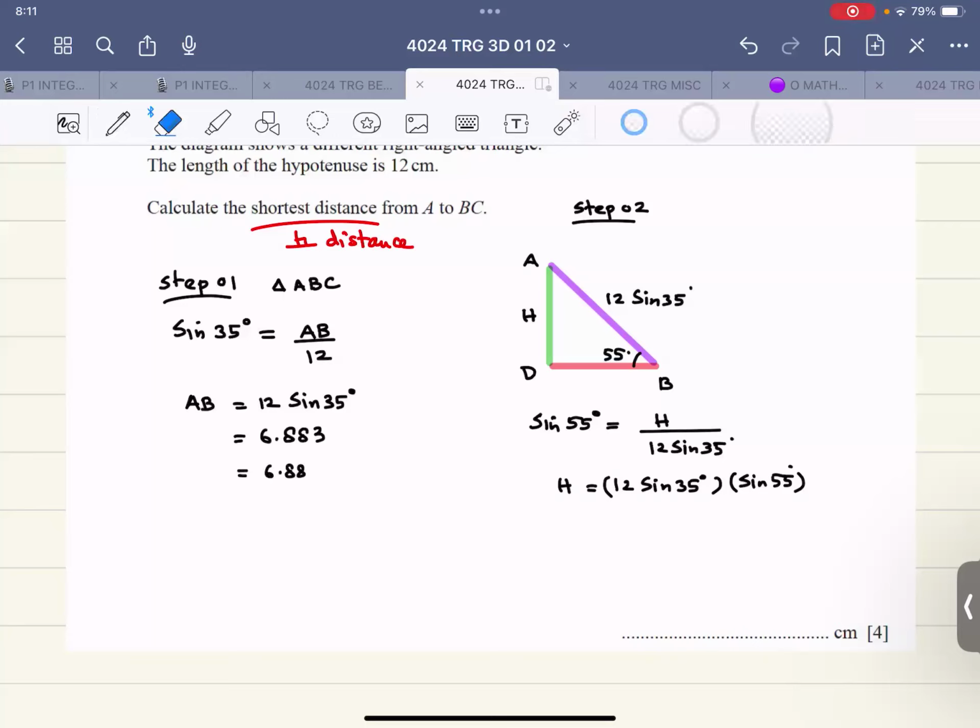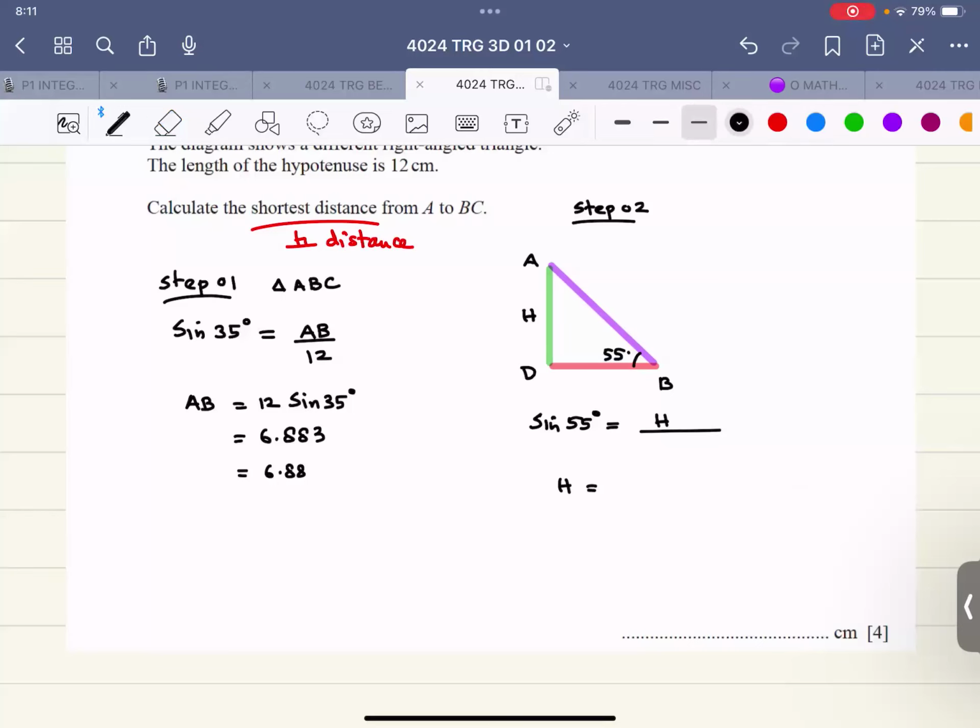And over here, instead of this, let me write this value, otherwise you will be a bit confused. So now this is a rounded value, 6.883. This is 6.883 sine of 55.